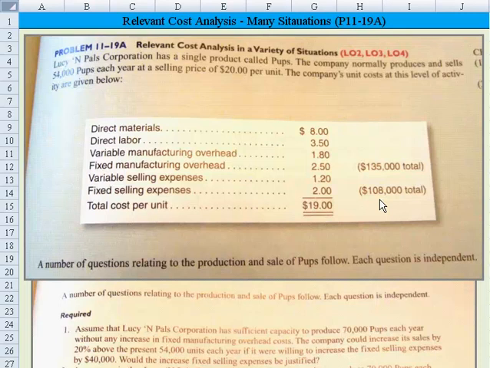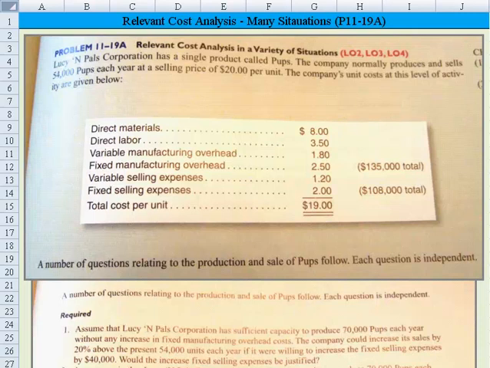And then there's a number of questions relating to the production and sale of pups, and we look at each of these independently as we answer them. So let's look at number one. Assume that Lucy and Pals Corporation has sufficient capacity to produce 70,000 pups each year without any increase in fixed manufacturing overhead costs.